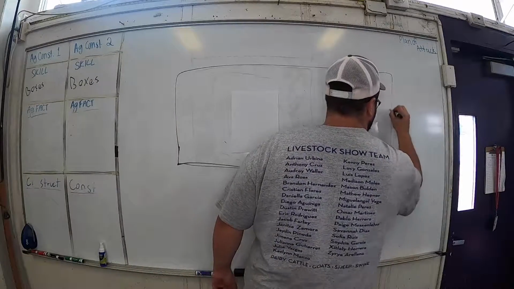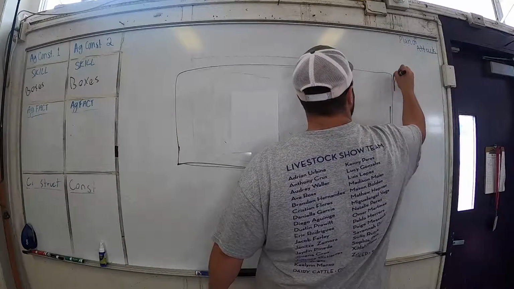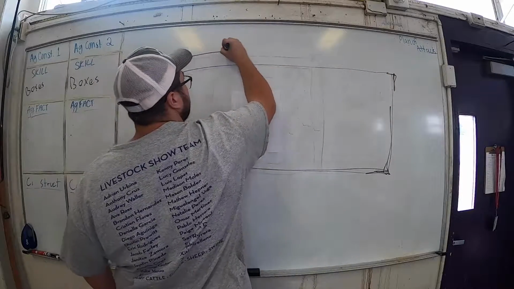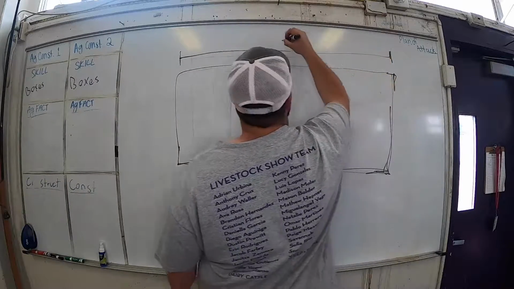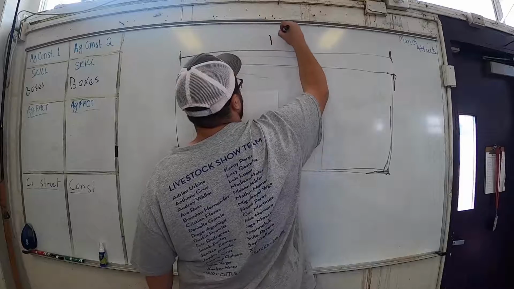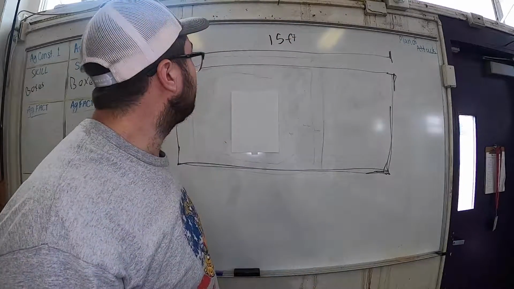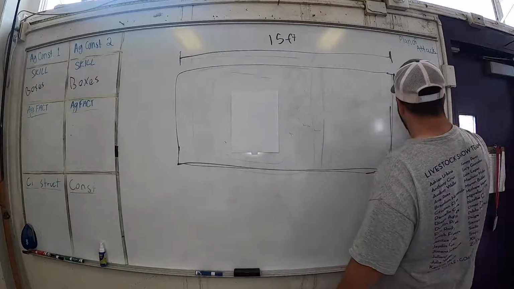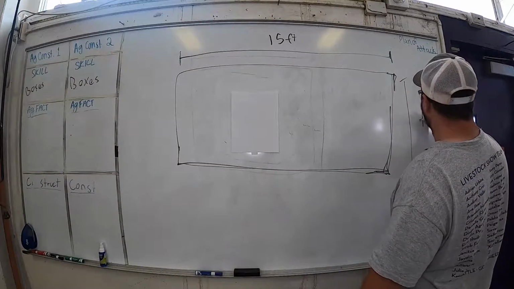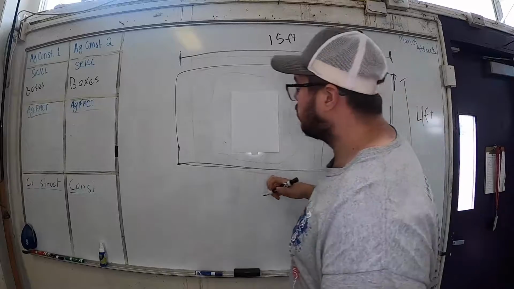Maybe a little hard to see because of markers, but this is extremely long. We'll say this one is 15 feet long, and 4, kind of skinny, 4 feet across.